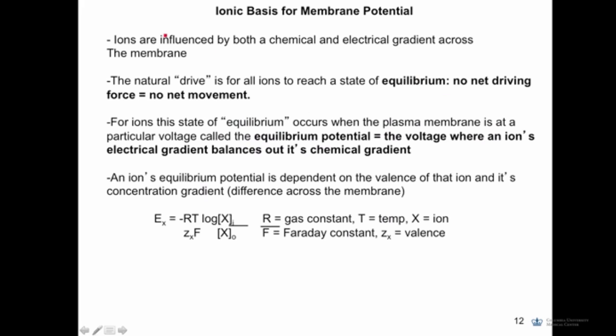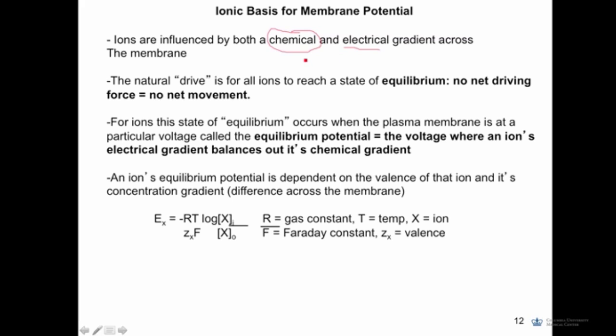So ions in solution are influenced by both a concentration gradient, also sometimes referred to as a chemical gradient. So concentration gradient and chemical gradient are synonymous. And they also are influenced by electrical gradients. Okay? Now, sometimes those two gradients are pointed in the same direction.